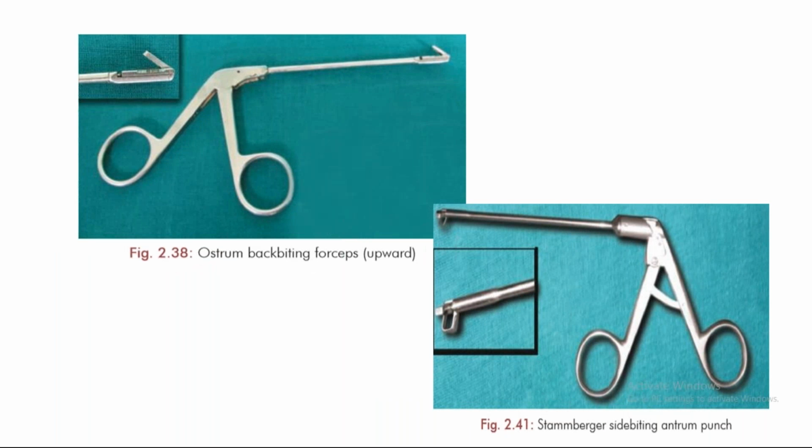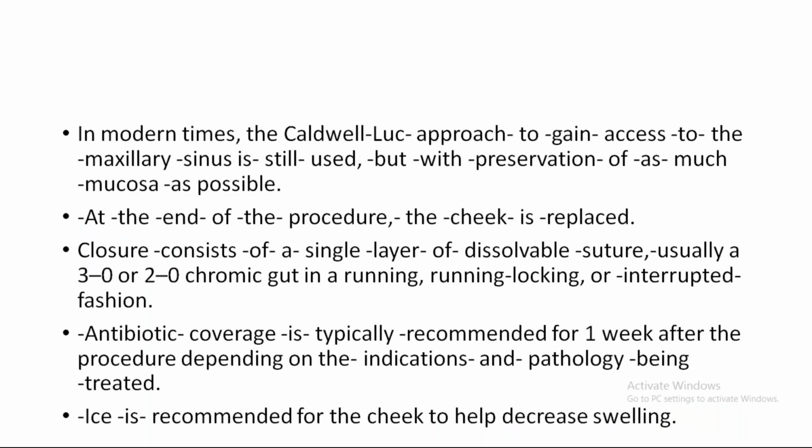And this is the Ostrum backbiting forceps, which can be used to enlarge the opening of the intranasal antrostomy. So in modern times, Caldwell-Luc operation to gain access to the maxillary sinus is still used, but with preservation of as much mucosa as possible.